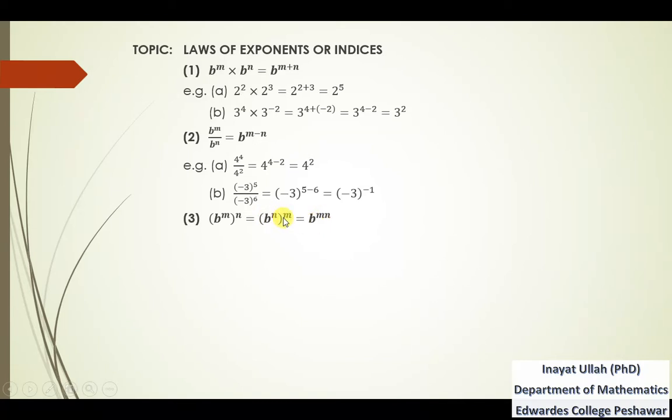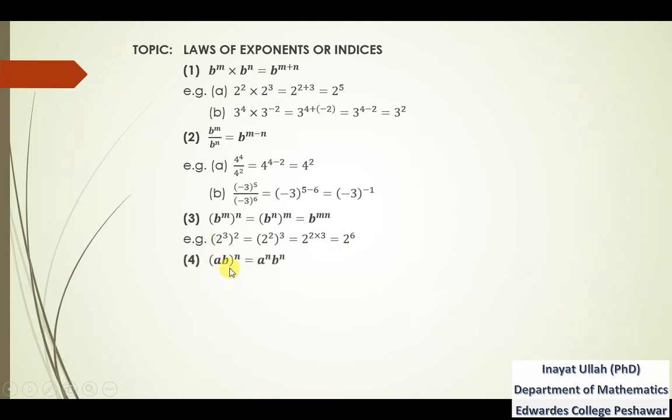Multiply these two powers, m cross n or n cross m, whatever, so that will become b power m into n. For example, 2 power 3 whole square, or 2 power 2 whole cube, these can be written as 2 power 2 multiplied by 3, and 2 multiplied by 3 is 6, so that is 2 power 6.